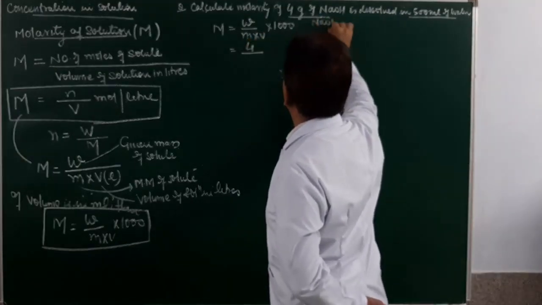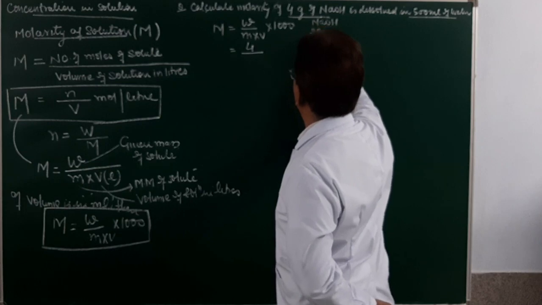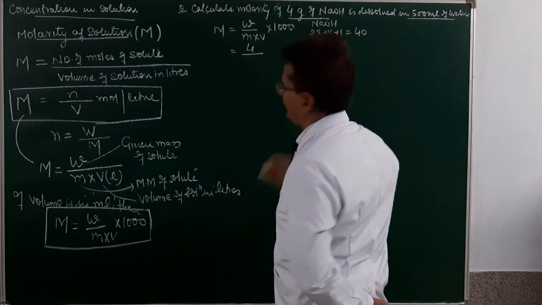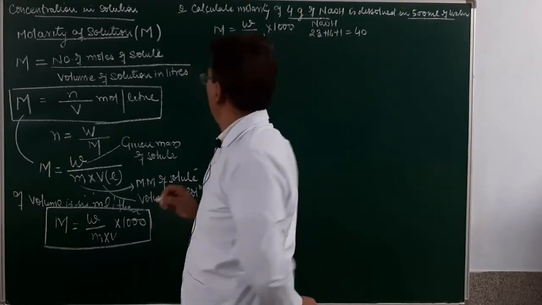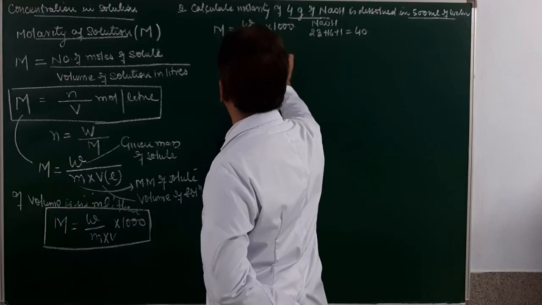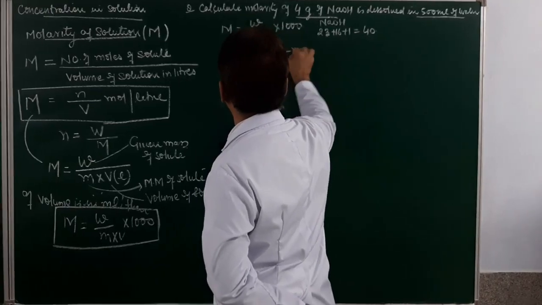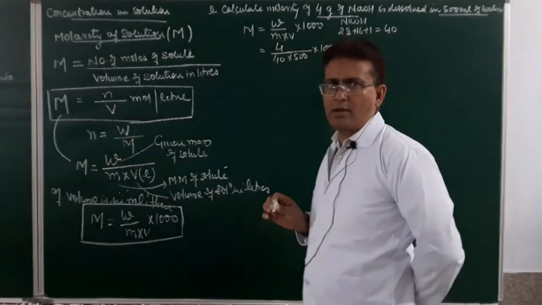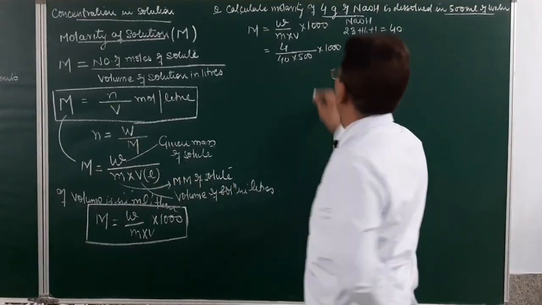Sodium hydroxide, this will be 23 plus 16 plus 1. It will come to be equal to 40. 4 upon 40. What is the volume in milliliters? 500, multiplied by 1000. Am I clear? We solve it up.